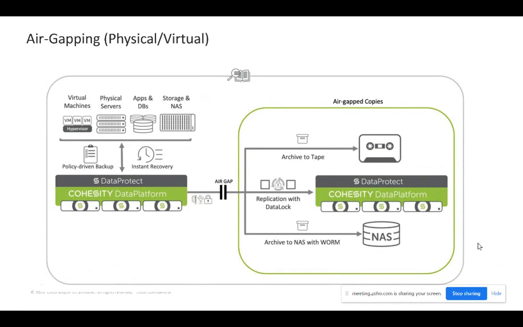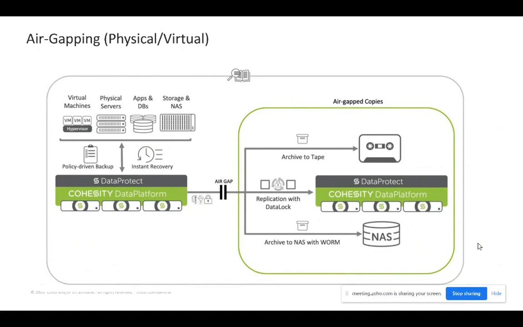We make sure that the replication happens with the data lock, which means the same result as physical air gapping is there. Data is not accessible from outside, but it is also faster, easier and simpler to recover from if I'm replicating to another Cohesity cluster.